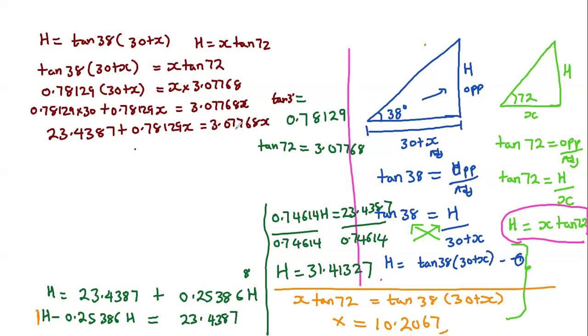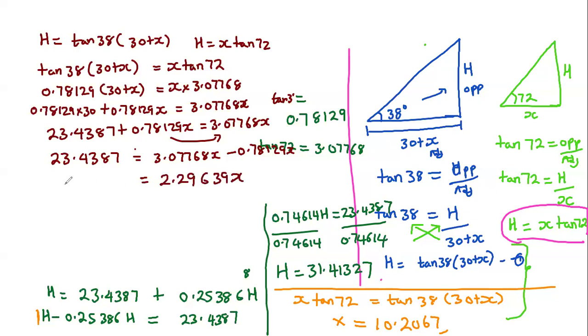3.07768x. So you collect like terms. You take this one with x this side. So that means here I would have gotten 23.4387 equals to 3.07768x minus 0.78129x. So we are going to subtract those two. 3.07768 minus 0.78129, and it will give us here 2.29639x equaling to 23.4387.